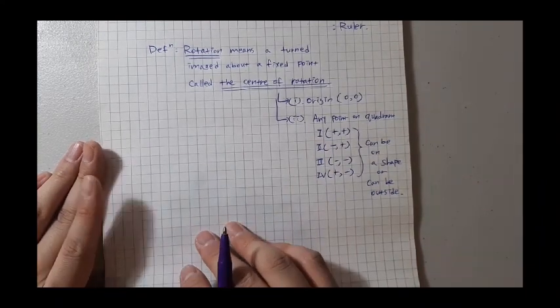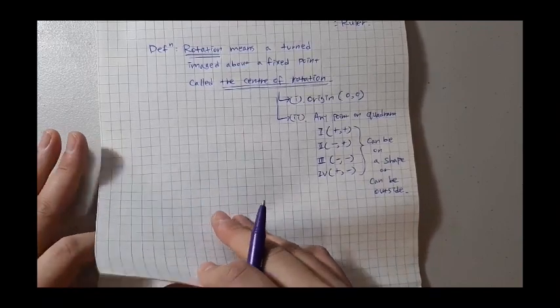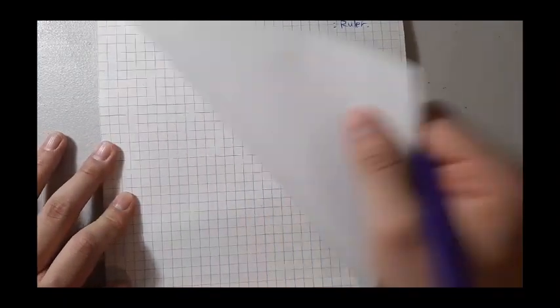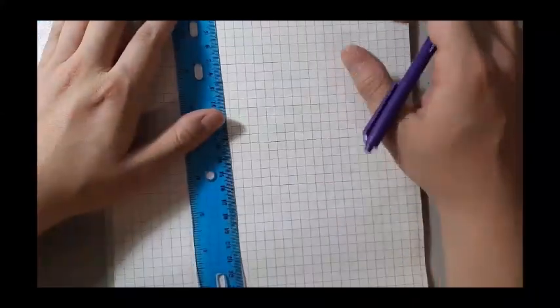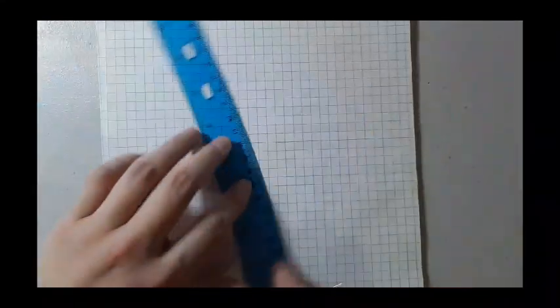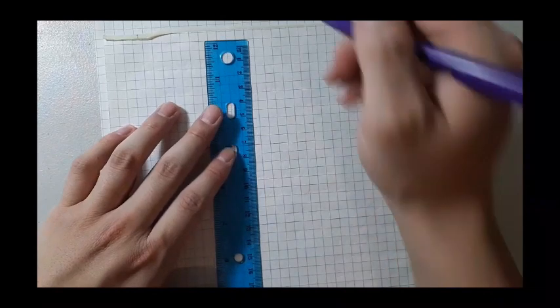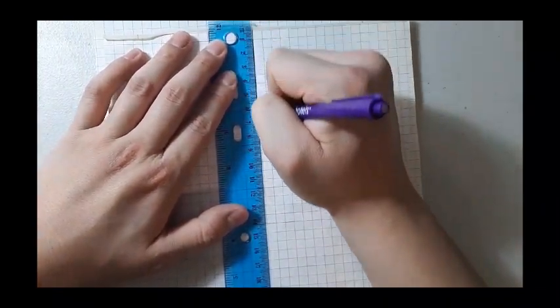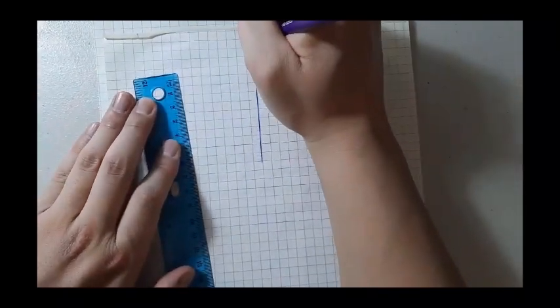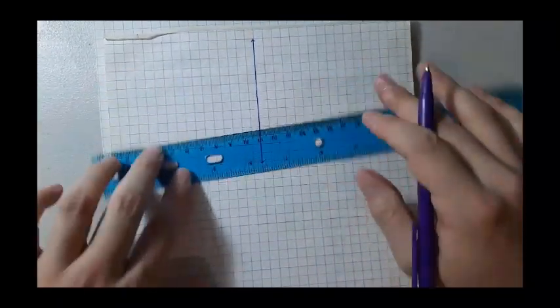So without further ado, let's draw a Cartesian plane, and we're going to do an example. We're going to use 10 centimeters at a time. Some of you may remember our previous lesson why. Because that gives us a good origin at the center.